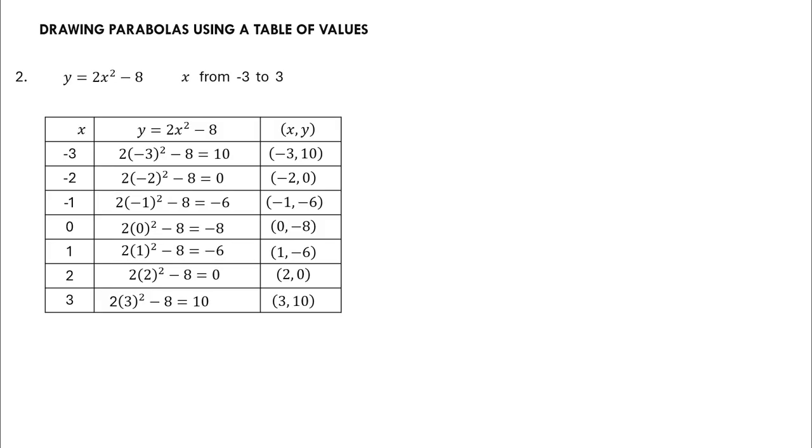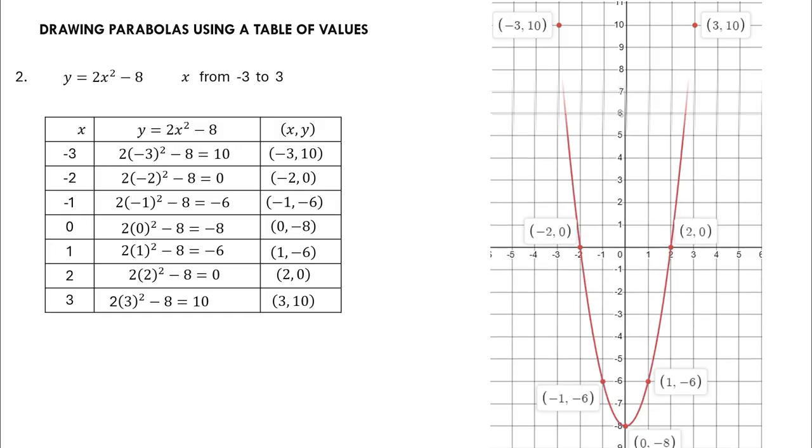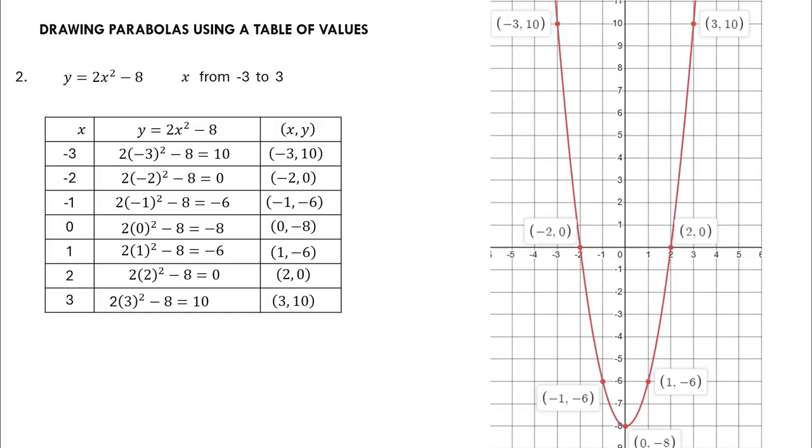Now that we have all these coordinates, we can plot them on our graph. And then when we connect the points, once again, we get this parabola shape. Here, the points where it crosses the x-axis are -2 here and 2.